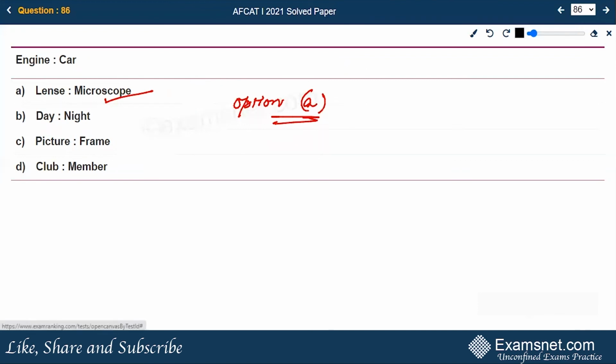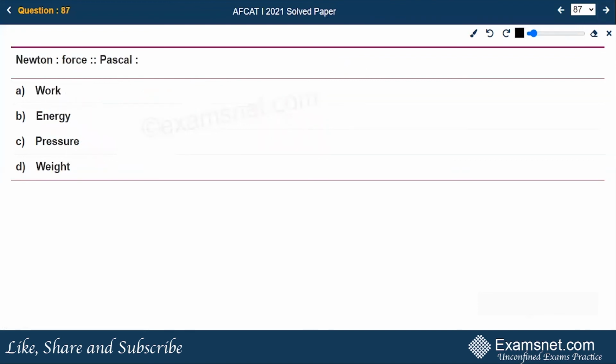Next, question number 87. Newton is related to force in the same way Pascal is related to which of the following options? Work, energy, pressure, weight. Let's discuss. See, Newton is the unit of force. Work has the units as joules.